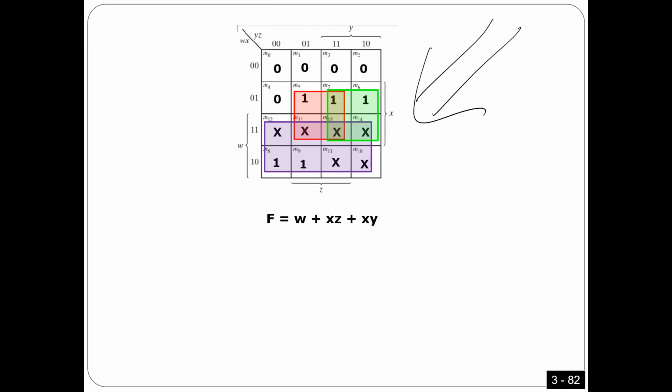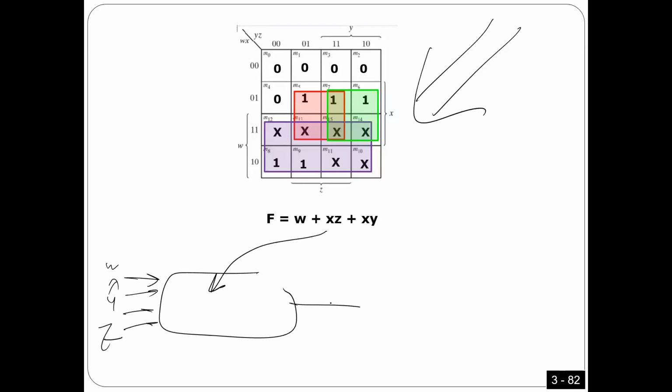I designed the logic circuit. This logic circuit, this is the design of the logic circuit. The logic circuit should have here W, X, Y, Z, and should have F here, and this F is 1 if the input is greater than or equal to 5. Any questions? This example is important because that's what I will do all the time in chapter 4, right?